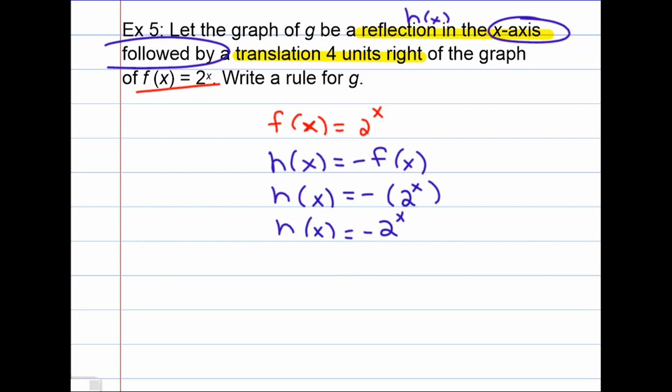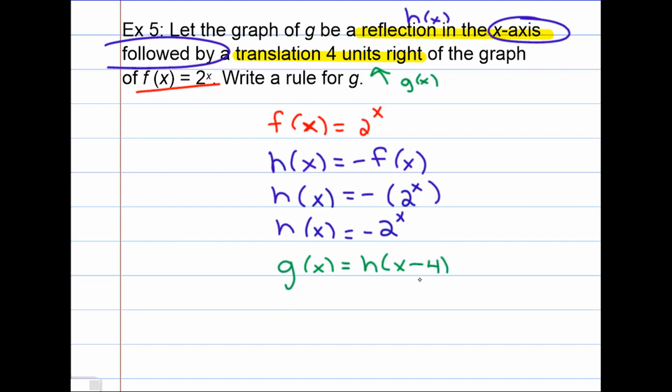Second step, you have g of x equals, well, this right here is your g of x movement, the translation 4 units right. So I'm going to take h of x, and if I'm going 4 units right, that is on the inside, and I'm subtracting 4.